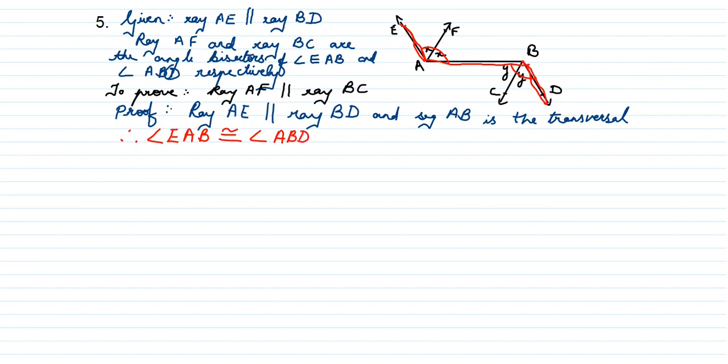Reason over here will be they are the alternate angles. That is, we can say that angle EAB is equal to angle ABD.